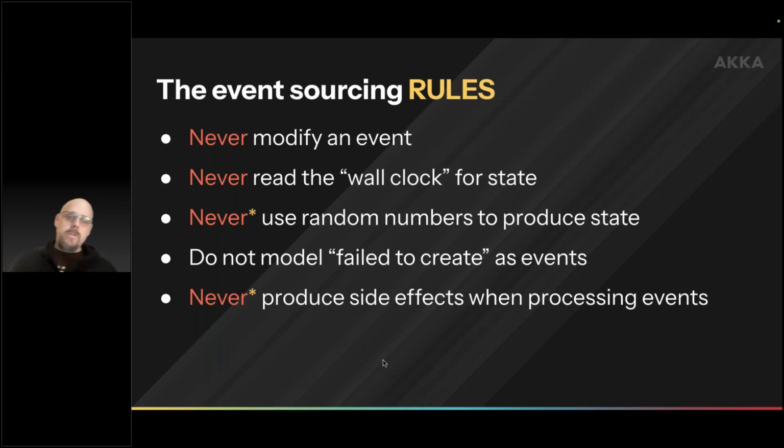There's a number of reasons for that, but the biggest one is that as soon as you touch the wall clock, your business logic is not repeatable, your event stream is not idempotent, and you no longer have consistency and predictability. For the same reason, don't ever use random numbers by getting them from the operating system.